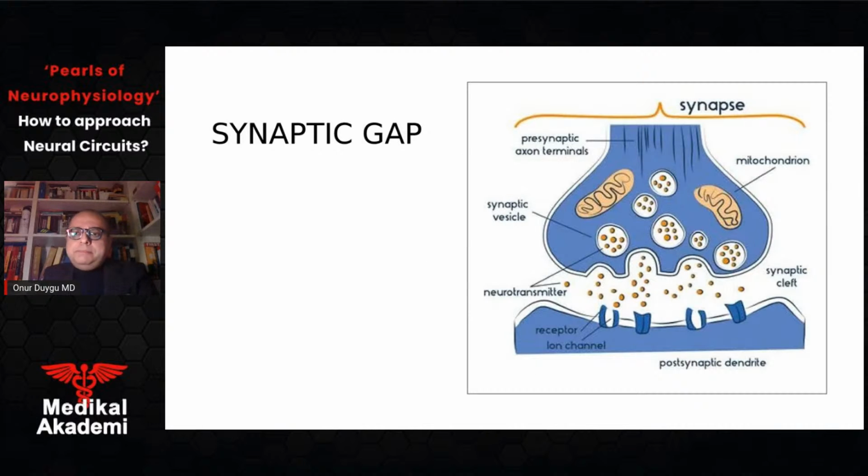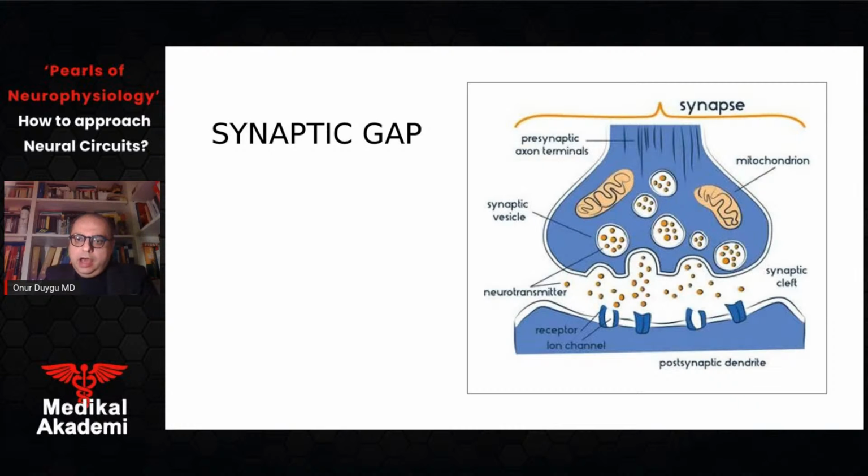Here is the synaptic gap, and the mitochondrial organelle system inside the cell soma or cell body. This is the presynaptic axon terminal, and this is the synaptic vesicle, which holds the neurotransmitters. You see the neurotransmitters in the interneuronal area for neural transmission.